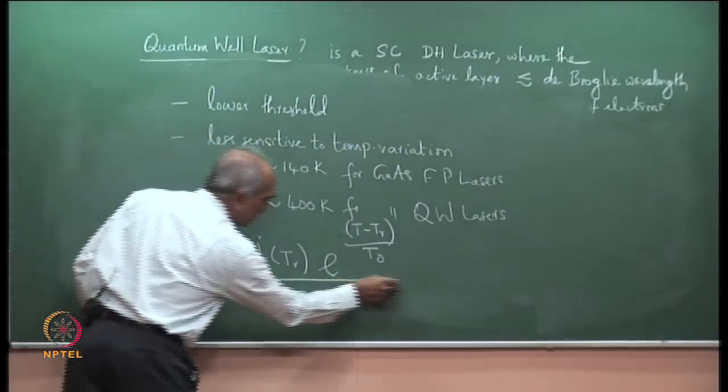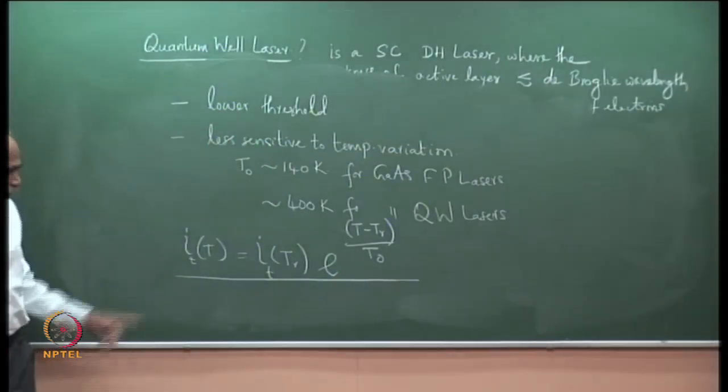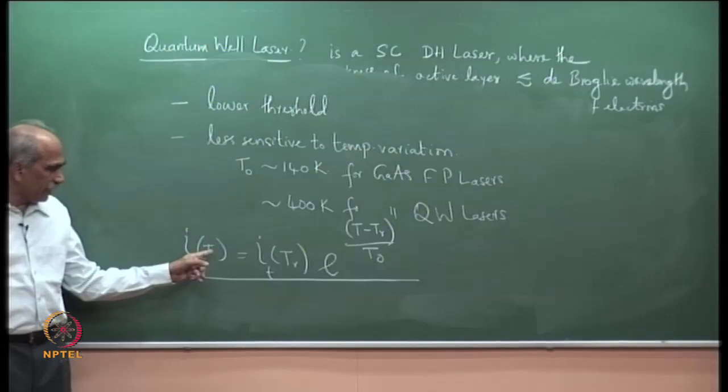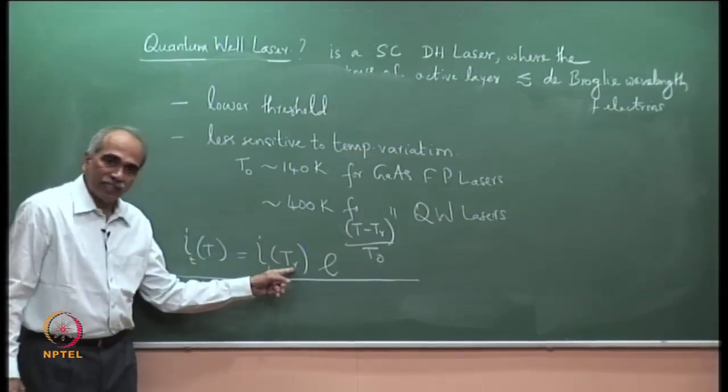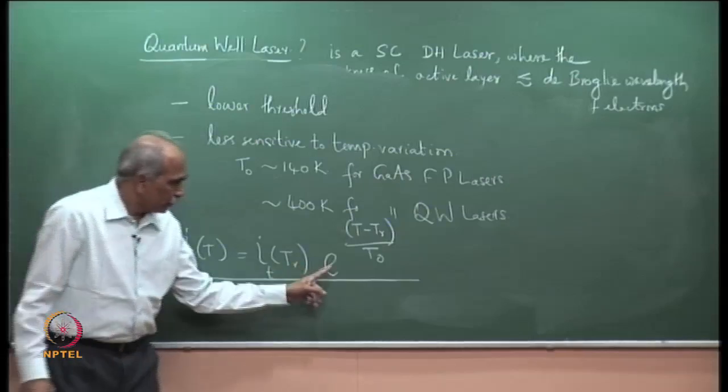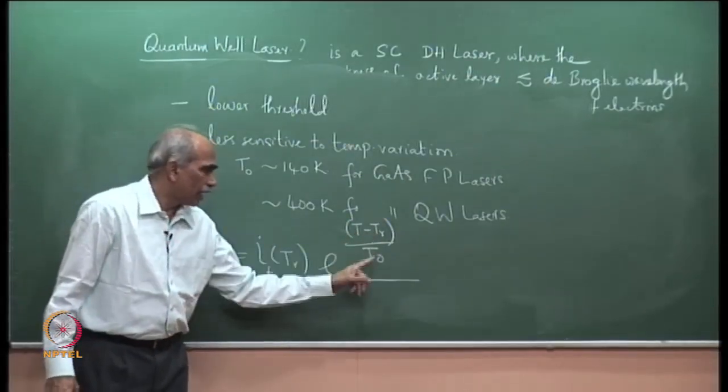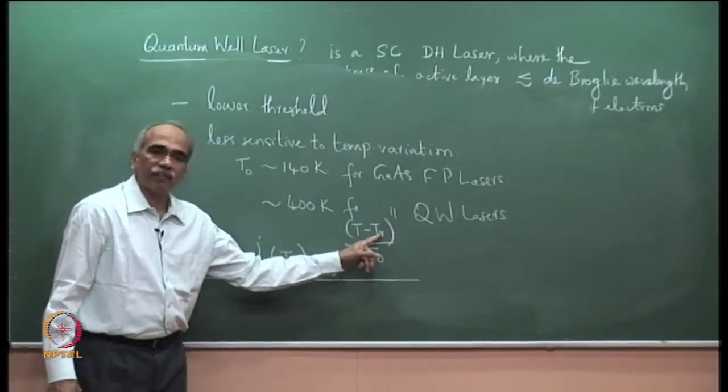So, this is a kind of relation we can write for the threshold current. I_th at a given temperature T is equal to I_th at a reference temperature times e to the power of (T minus T_R) by T_0. T_R is the reference temperature.